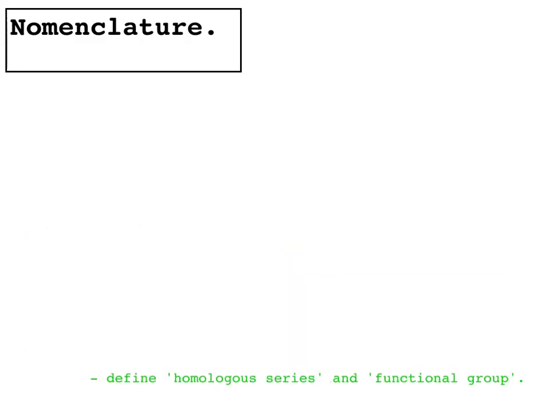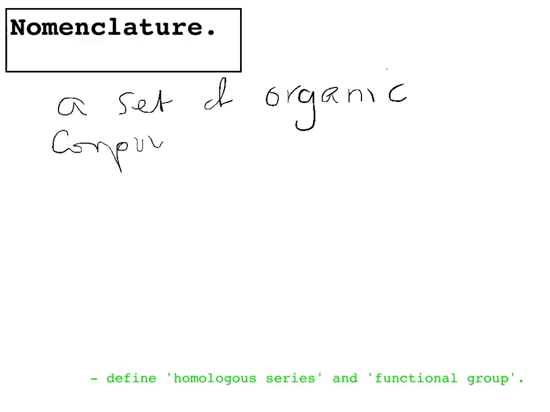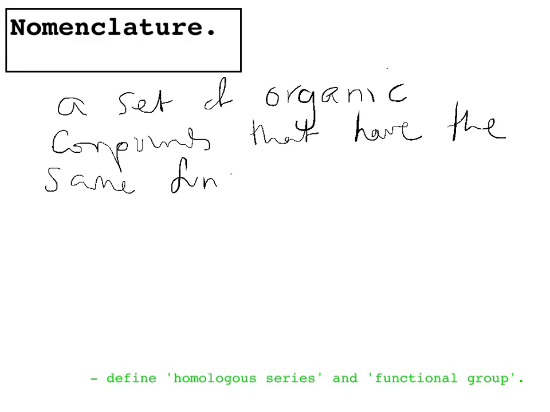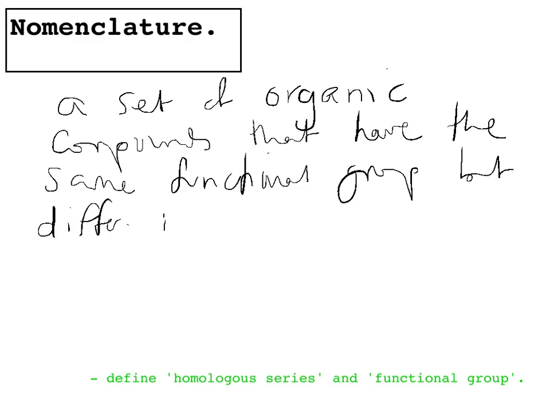So the last two things in this video that you've got to define are homologous series and functional group. So a homologous series is a set of organic compounds that have the same functional group but differ in chain length.